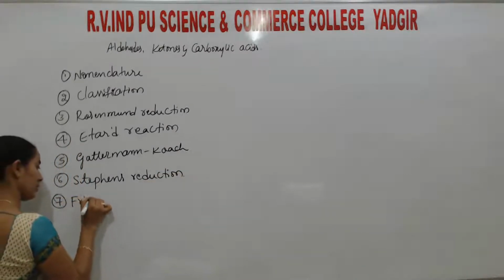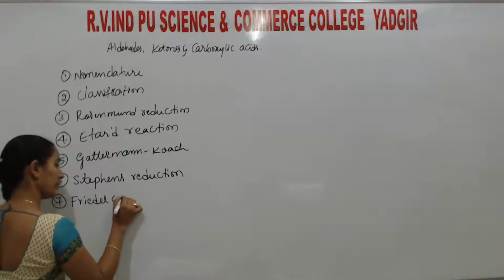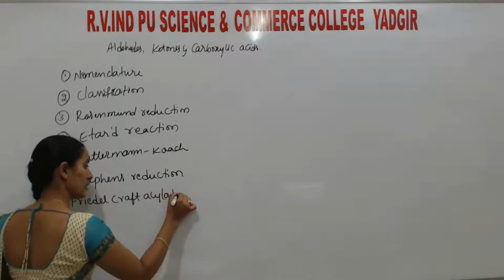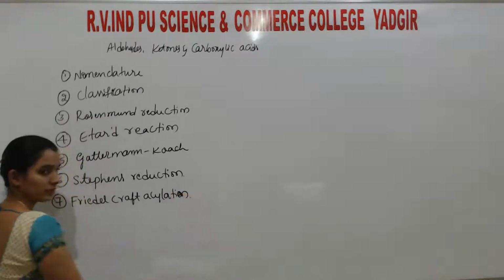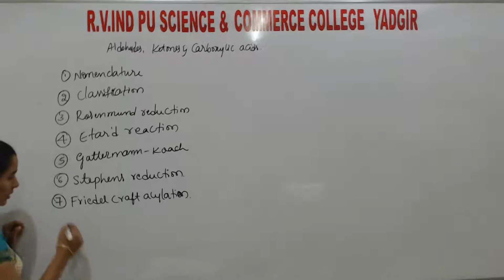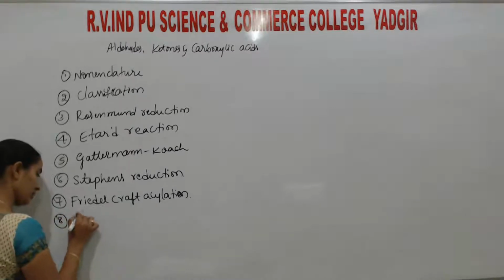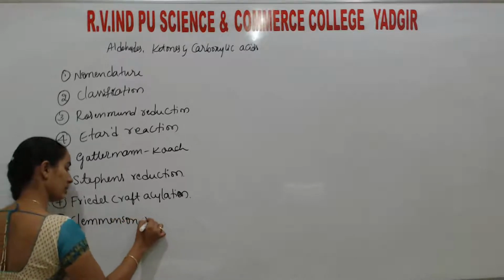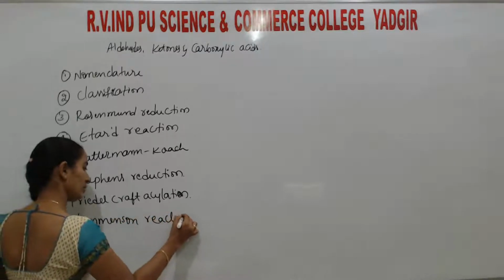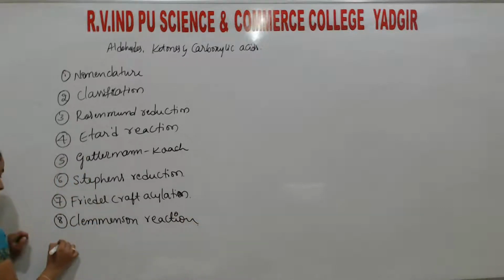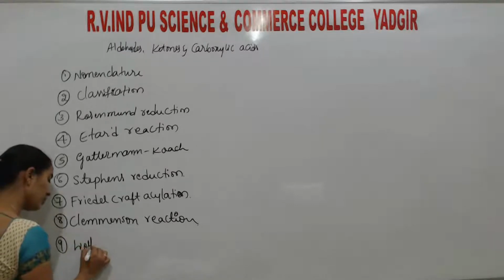Seven, Friedel-Crafts acylation. Next, Clemmensen reaction. Okay. So ninth one, Wolff-Kishner.